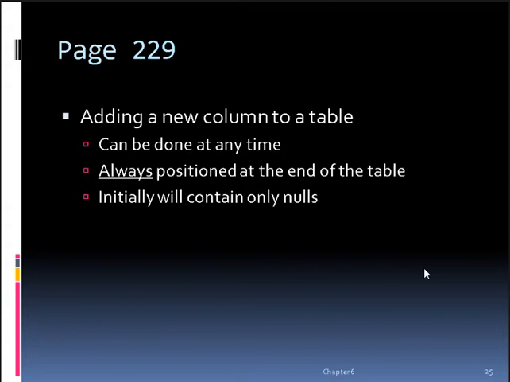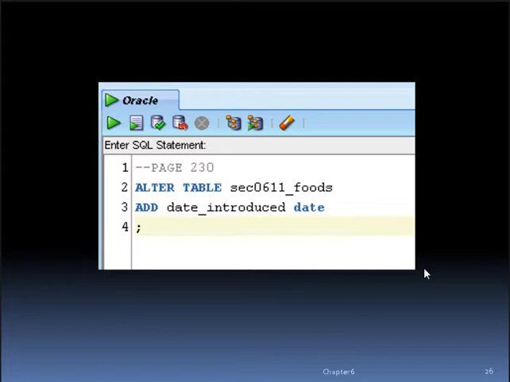The code for it is very simple. Again, an alter table statement, add whatever the attribute is that you're adding, and then you define the data type right after it. So in this case, in line 3, we're adding a date, and we can see that the data type is date.